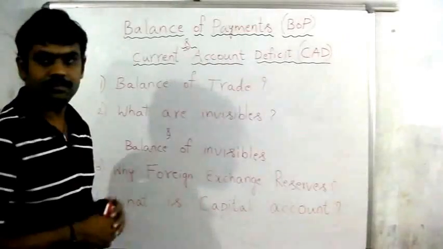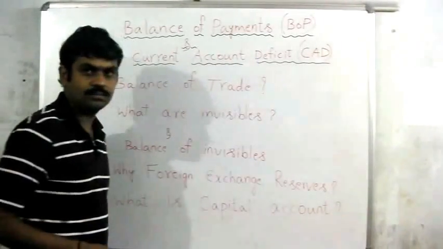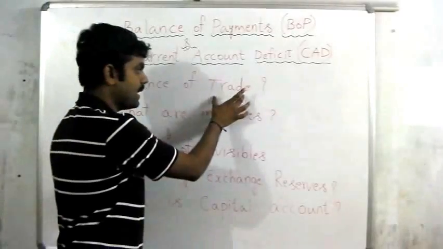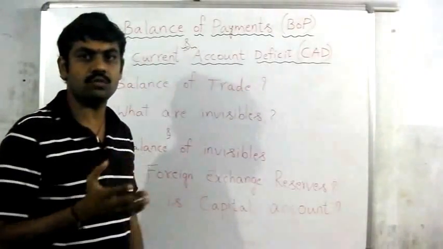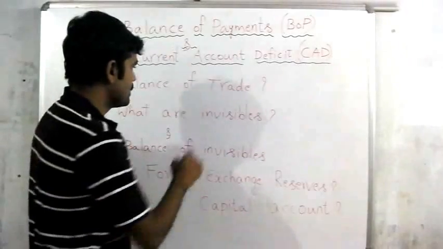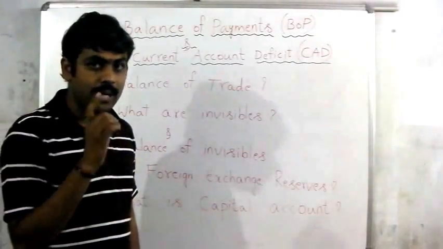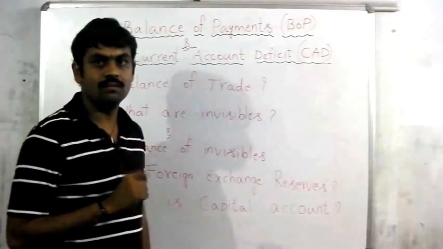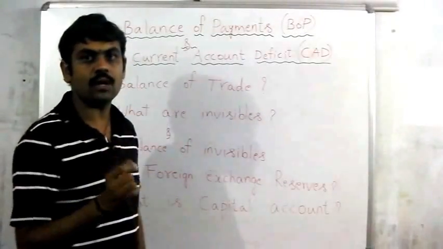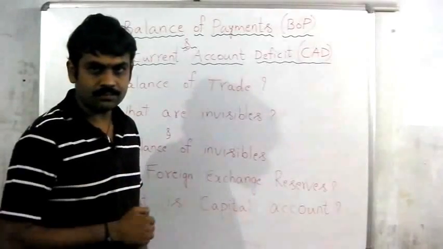Balance of trade. First, let us know the meaning of a trade. Simply, trade is the exchange of goods and money. In a trade, usually there is a medium of exchange with which we measure the value of a good or a service. Usually it is money.